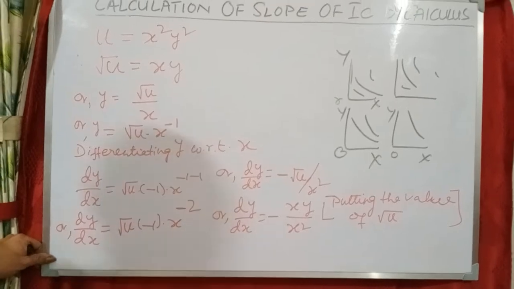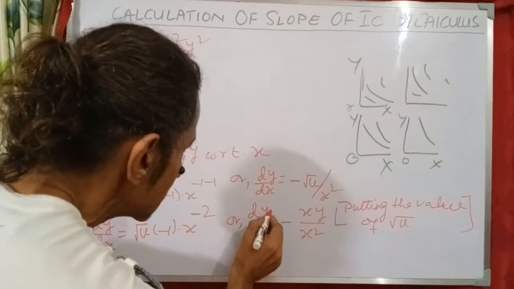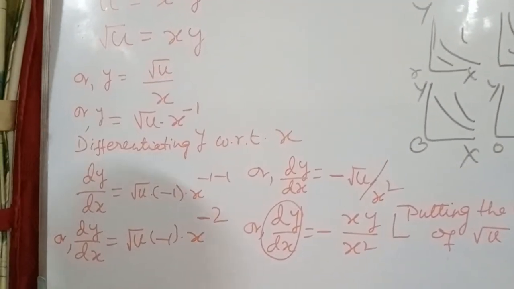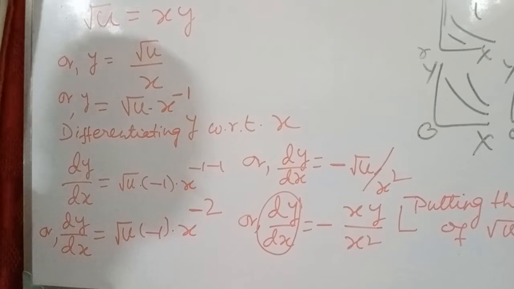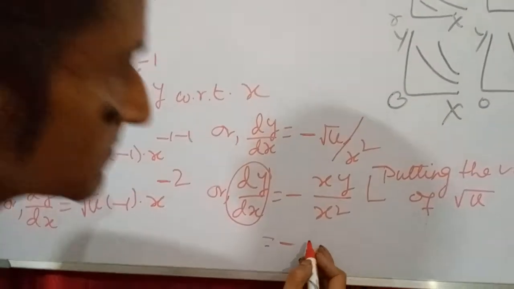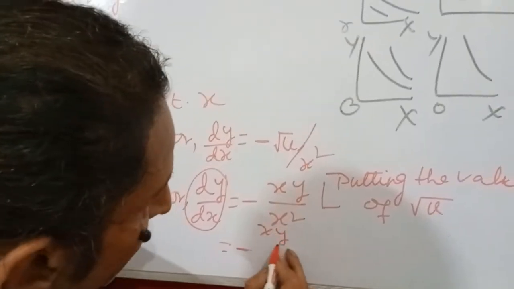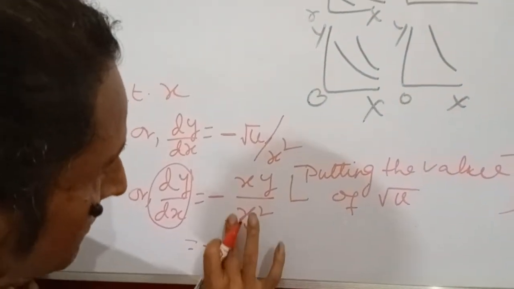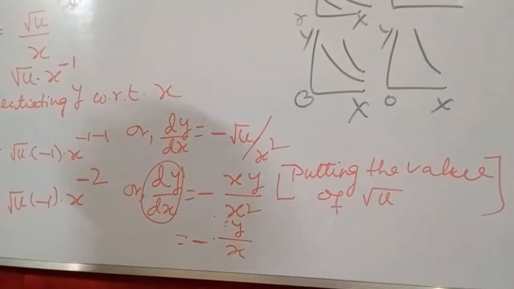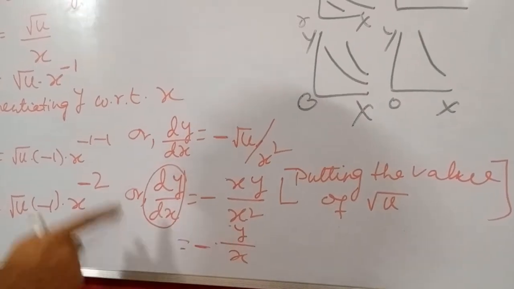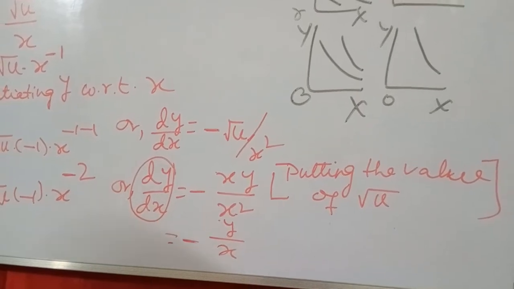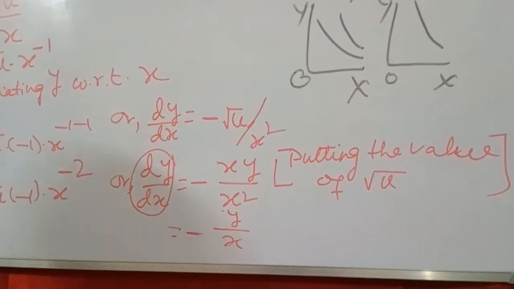So this is the slope of indifference curve. Dy dx is the slope of indifference curve. So this becomes minus y by x.